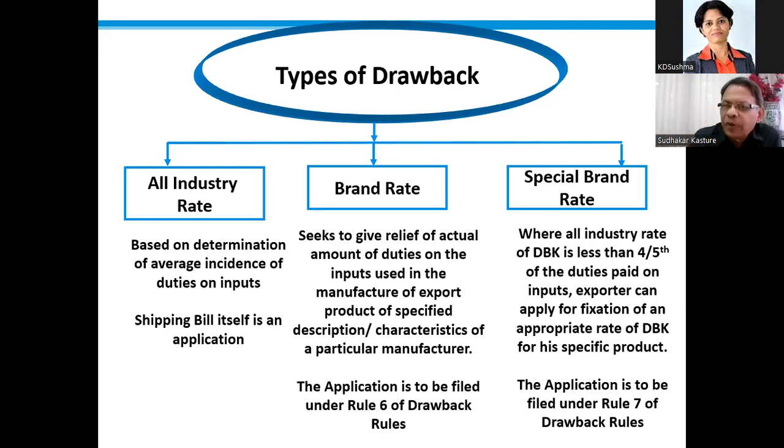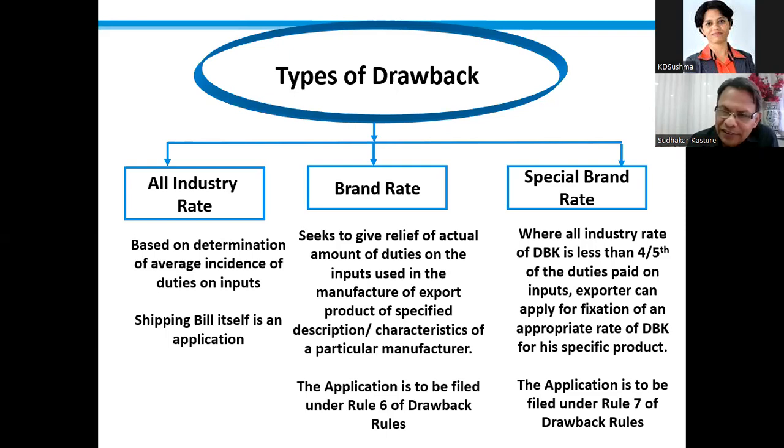So on 20 rupees imports, you have paid 1 rupee 50 paisa. Your export value is 100 rupees. 1 rupee 50 paisa compared to 100 rupees is 1.5%. So government will grant you 1.5% drawback rate only for you. That is known as brand rate.